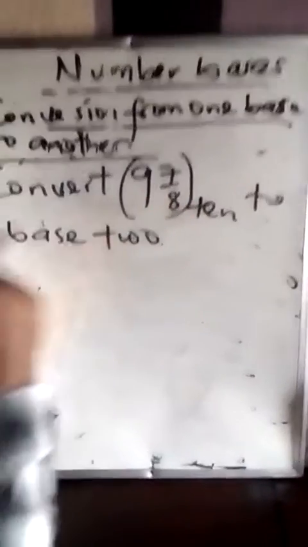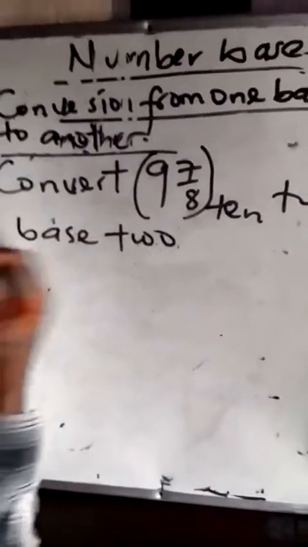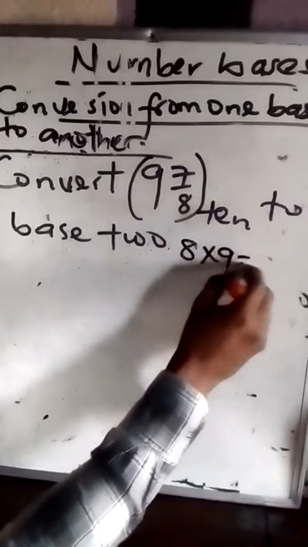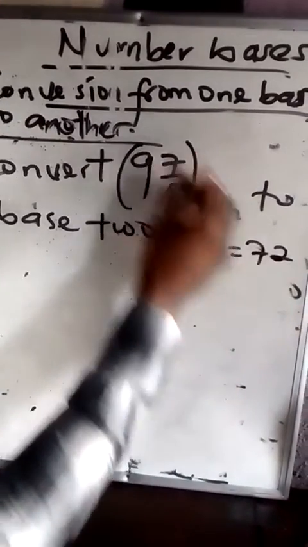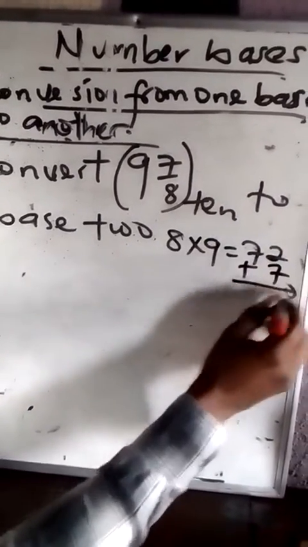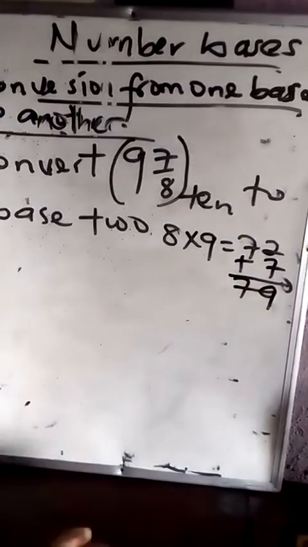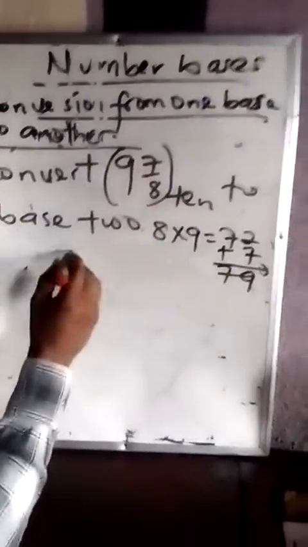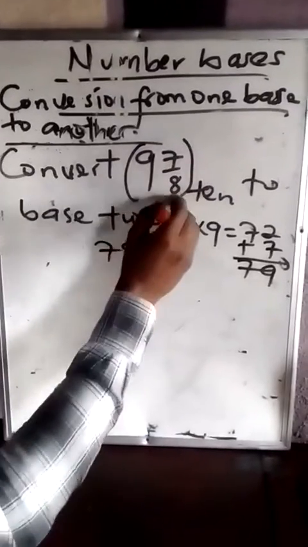8 times 9 is 72. 72 plus 7 is 79. So you have 79. So just say 79 divided by 8.